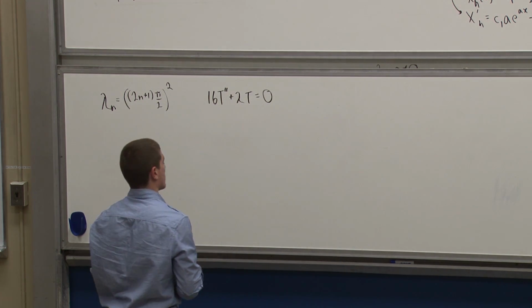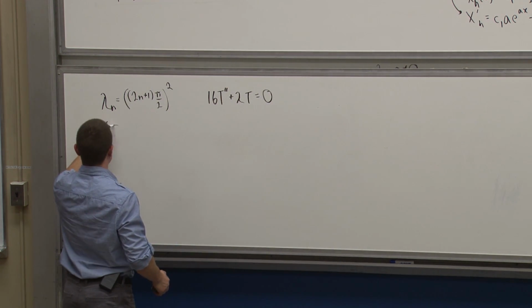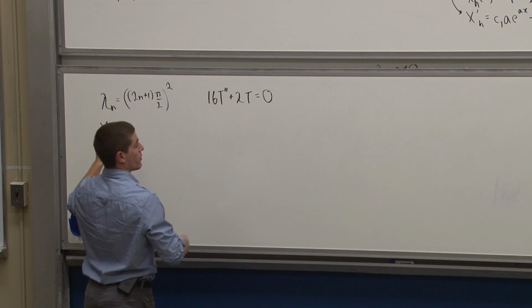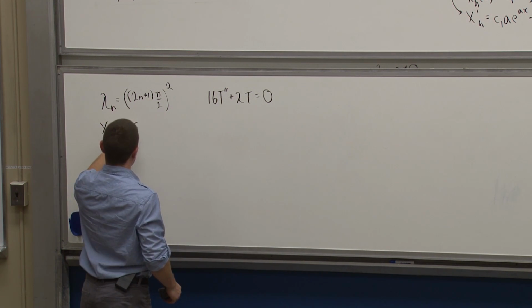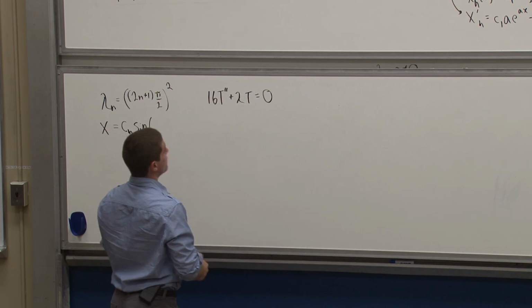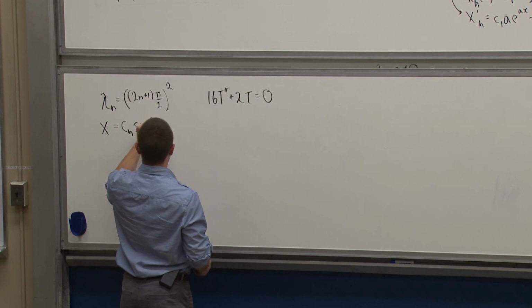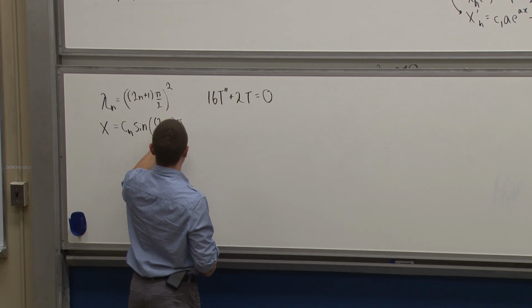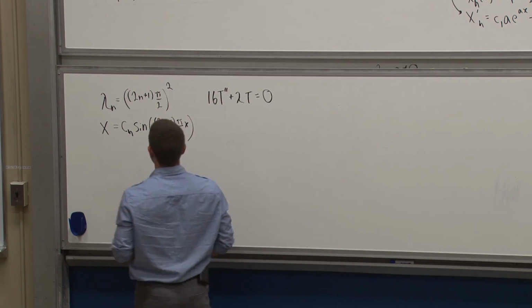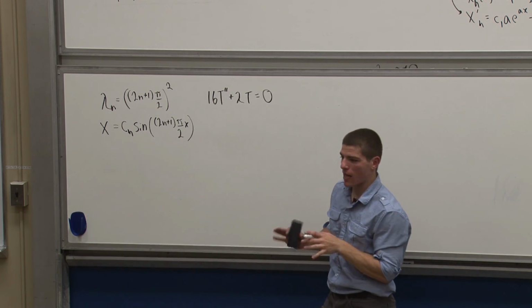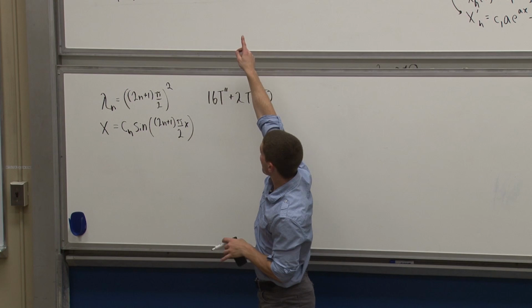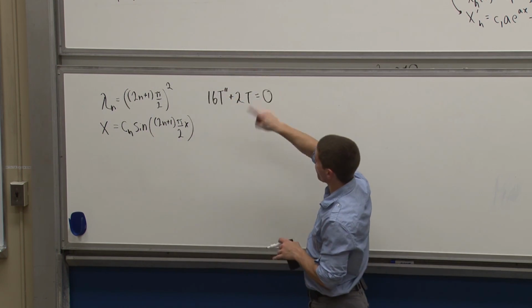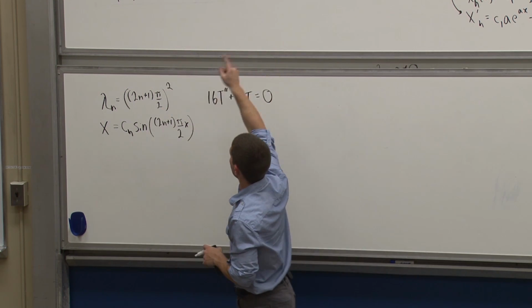And we have x equals C_n sine of 2n plus 1 pi over 2 x. So you can already see that this matches up with the original problem, where C_n is going to be negative 6 and you have 13.